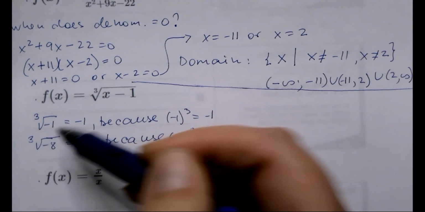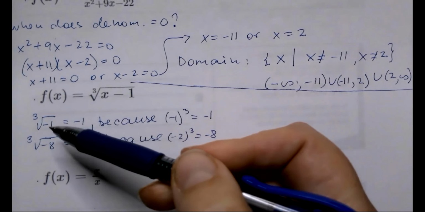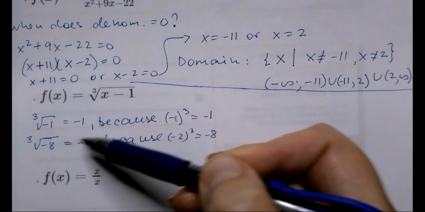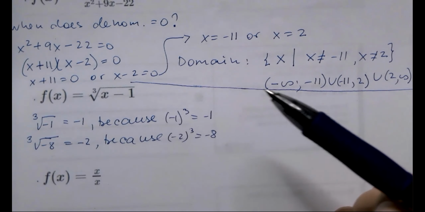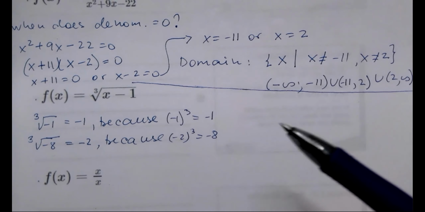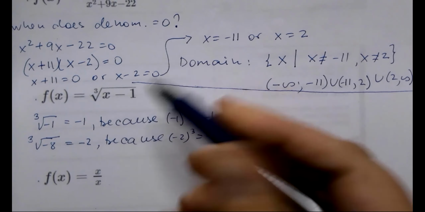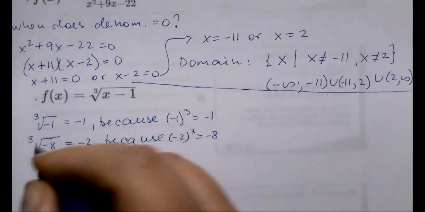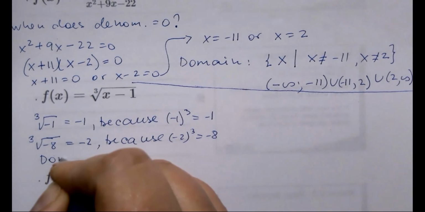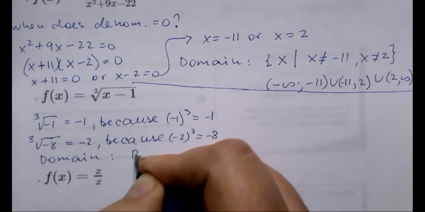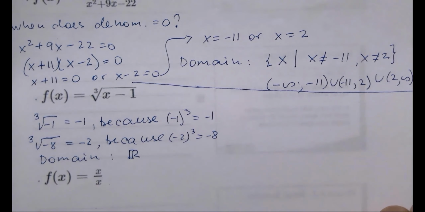So we conclude that for the cube root function, there is no restriction. Negative numbers are allowed. 0 is allowed as well. The cube root of 0 is 0.